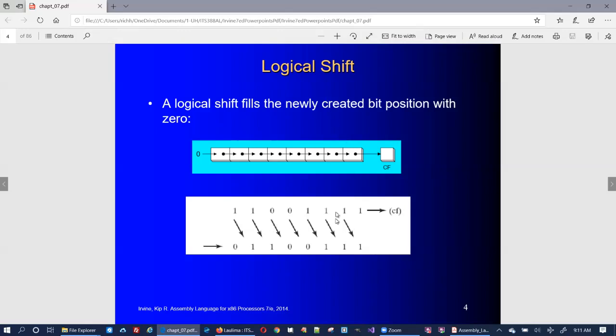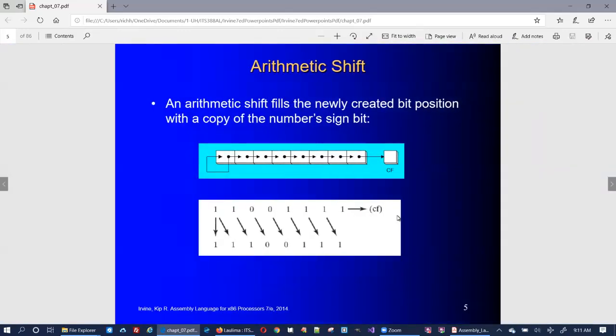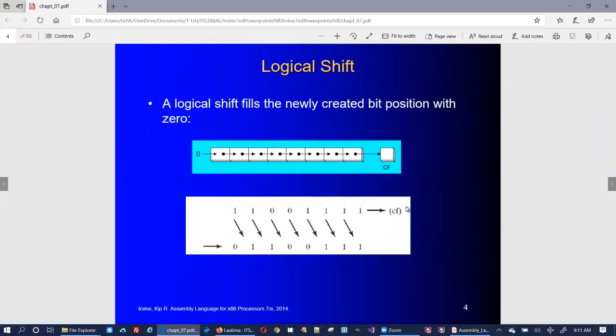Well, for a logical shift, a 0 gets shifted into the highest order bit when you're shifting right, and the lowest order bit gets shifted into the carry flag. For an arithmetic shift, you're doing sign extension, so you want to make sure that the highest order bit stays the same, and then the rest of the bits are shifted just like a logical shift.